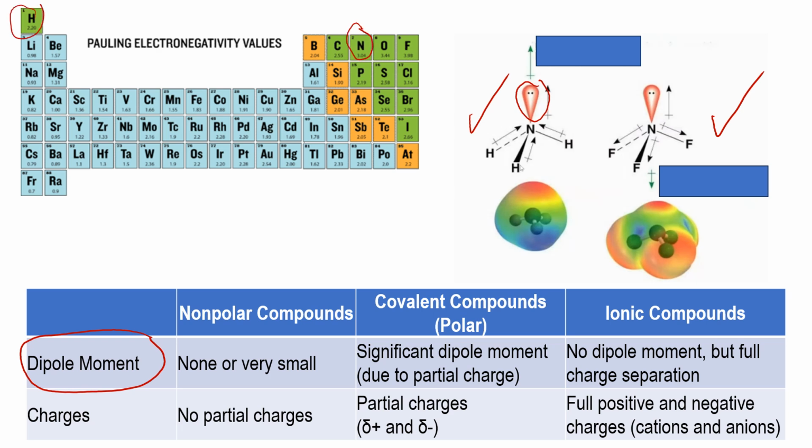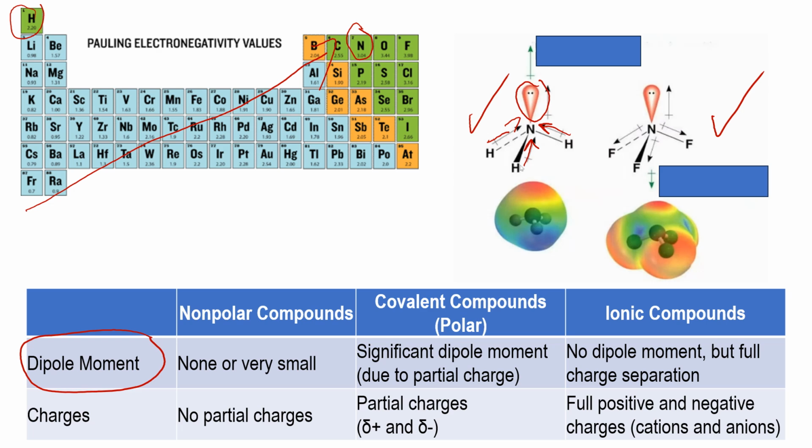Remember that electronegativity increases this way. So nitrogen is more electronegative than hydrogen, causing the bonding electrons to be pulled towards nitrogen. The resulting dipole moment: ammonia has a net dipole moment toward nitrogen because the dipole moments of each NH bond do not cancel out. This gives ammonia a polar nature.